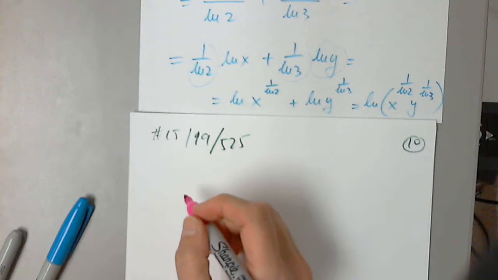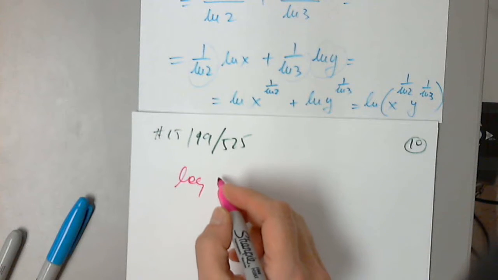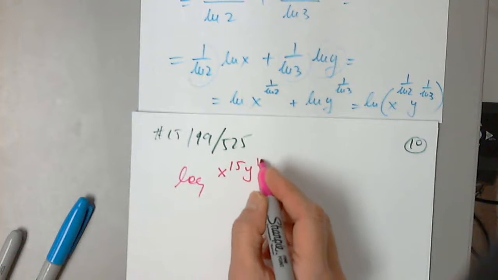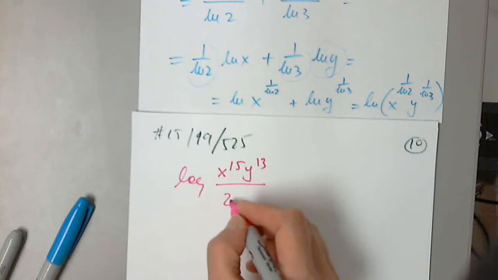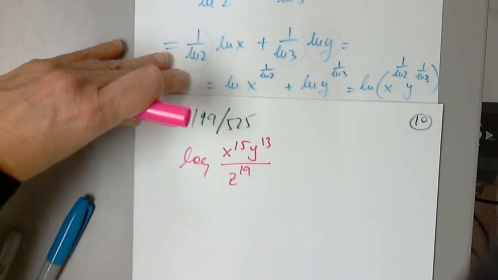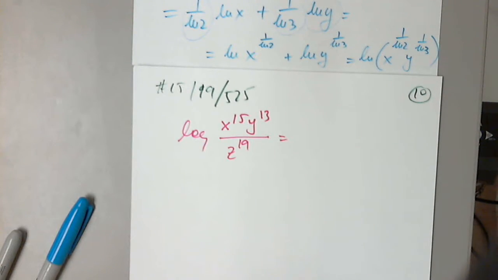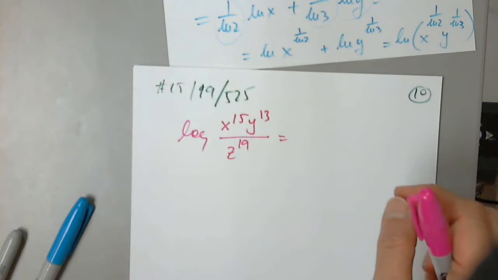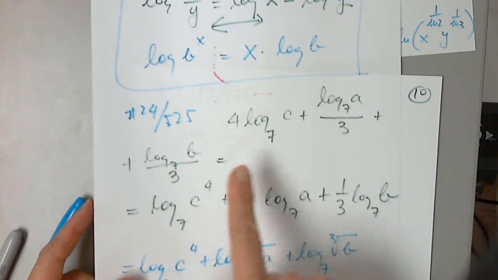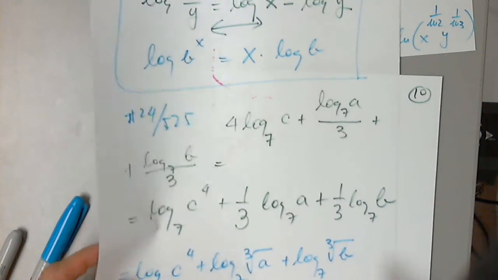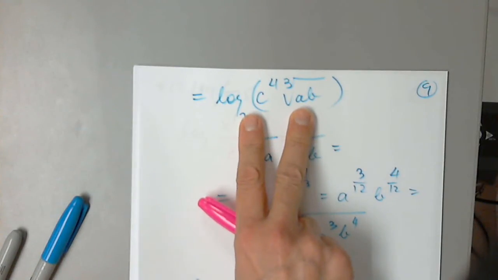So here's 15. In 15 we have log of x to the 15th, y to the 13th over z to the 19th. We're asked to expand. Let me go back one page. Here we're given 1, 2, 3 logs, and we condense the whole thing into one log.